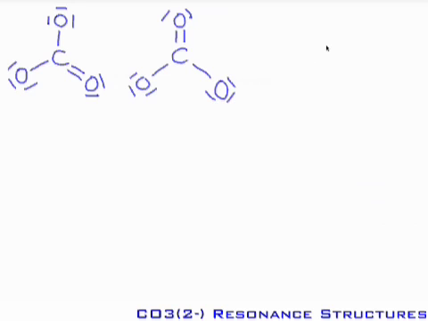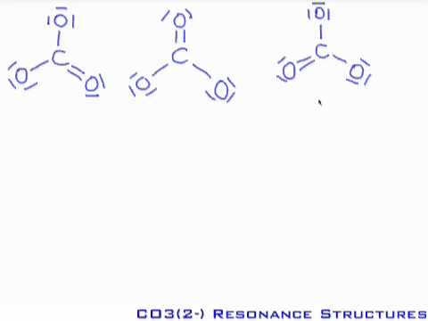And then I'm going to draw one more, and this time I'm going to put the double bond off to the left. So essentially all I've done is shift the double bond.